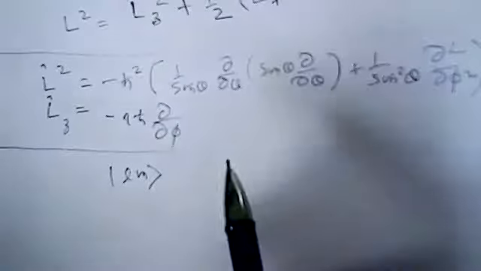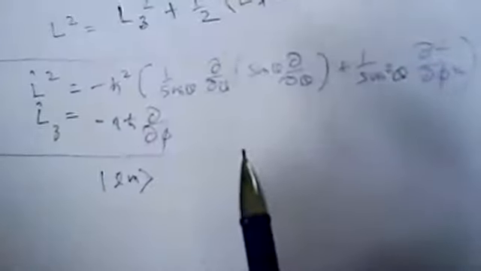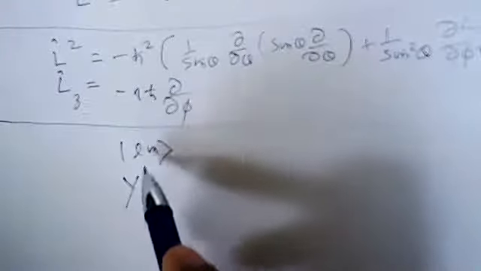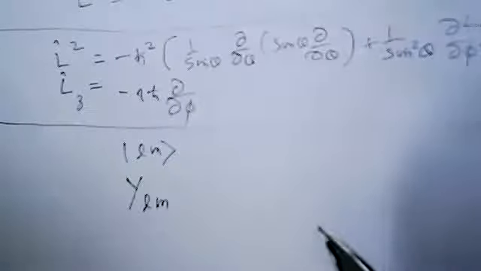Now we are going to represent the same thing in a different way. Instead of this, we write the solution as capital Y with the same indices l and m, and it is a function of theta and phi only, no r term.